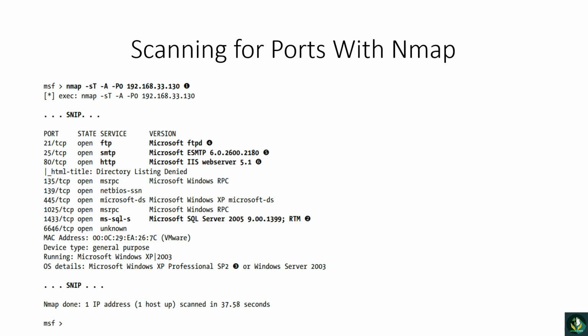Also note that we see standard FTP here, Microsoft FTP and SMTP, which might be available to be leveraged for an attack, but we can see that port 80 is open, HTTP, which means that we have a potential web application to attack.